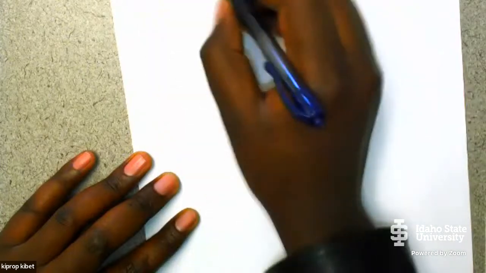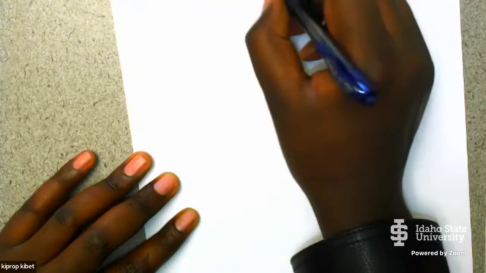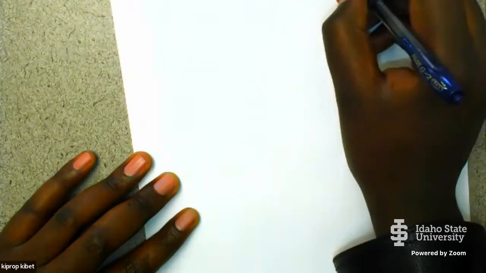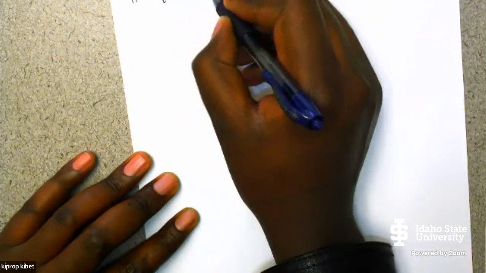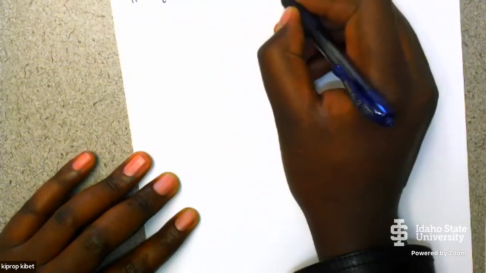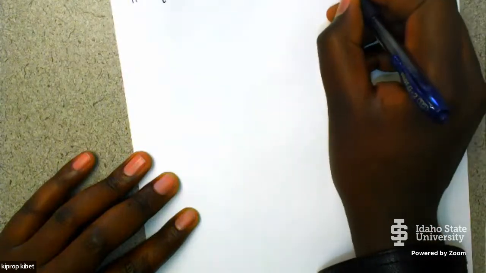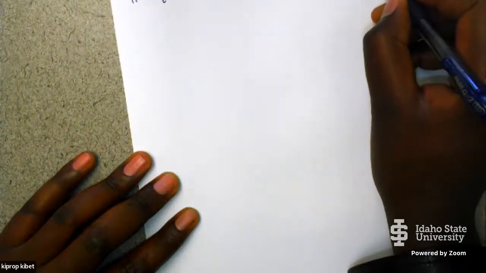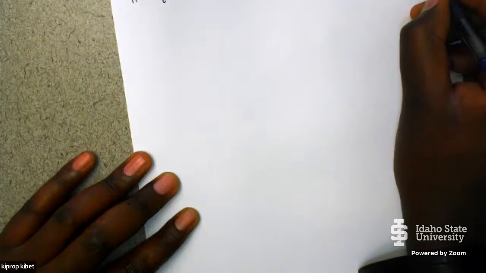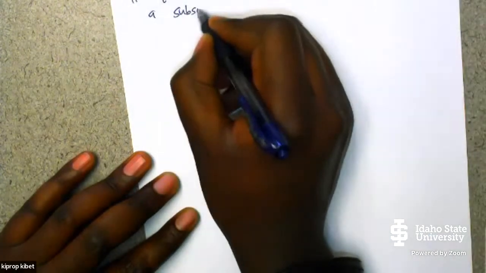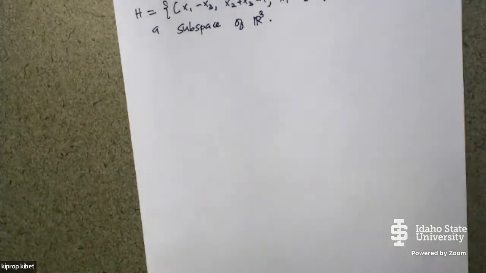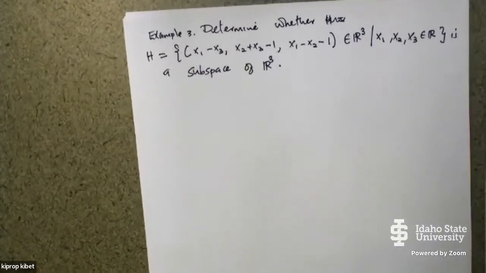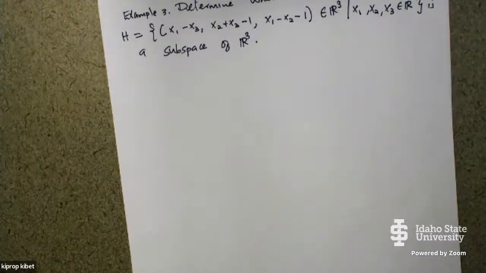Determine whether H, which is equal to the set of vectors x1 minus x3, x2 plus x3 minus 1, x1 minus x2 minus 1 in R3, such that x1, x2, x3 are elements of real numbers, is a subspace of R3.